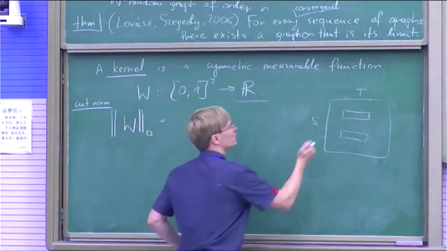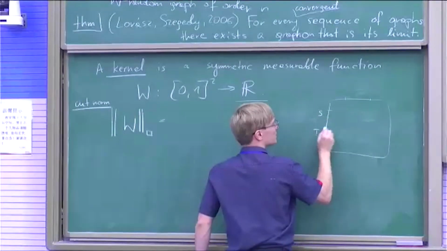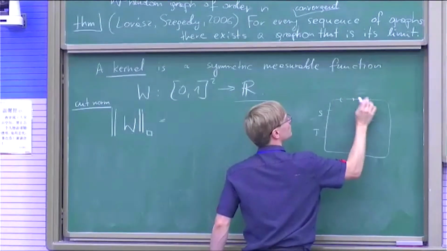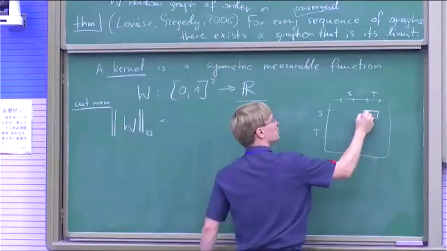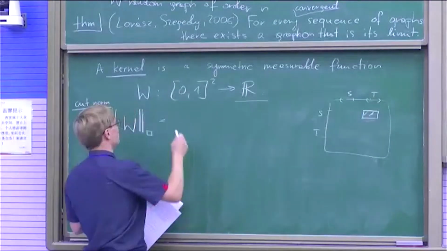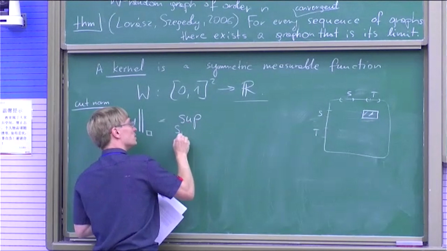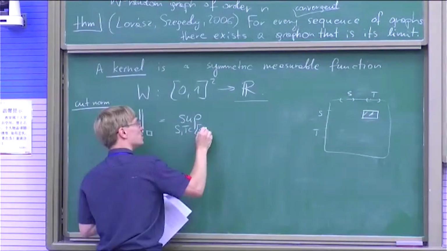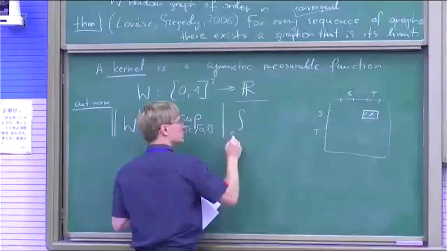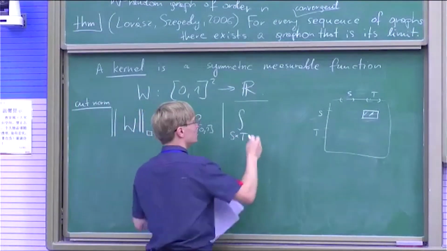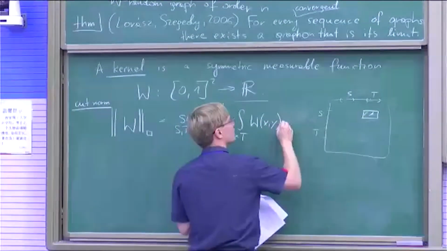I look at the value of the cut between them, and I take a supremum over all such cuts, so all subsets of [0,1], of the integral of the values on the cuts.